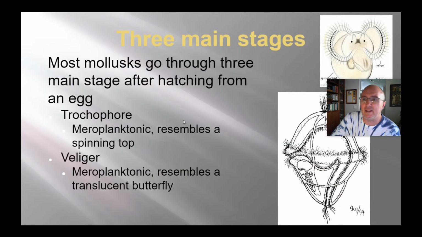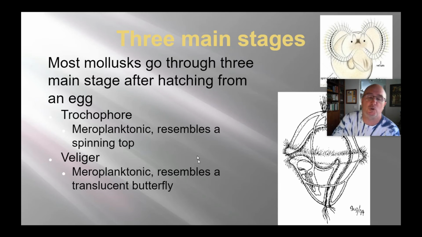All right, so there's 3 life stages of most mollusks. They have the trochophore stage, which looks like a little spinning top, and this is a planktonic stage, almost microscopic, like this picture right here. Then it'll metamorphose into a larger phase, and it's called the veliger. And this is also planktonic or meroplanktonic, which means this organism spends only part of its life as plankton.